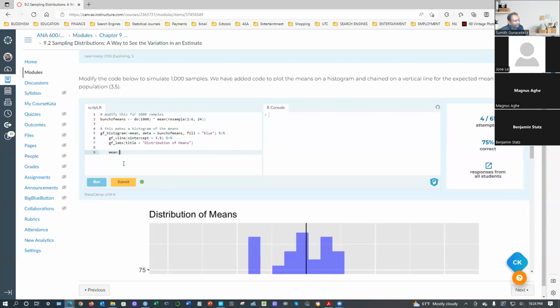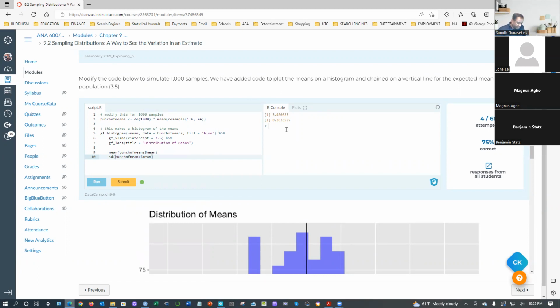So bunch of means and then go to mean and the standard deviation is... okay. Let's see. 0.36. 0.36. 0.33?